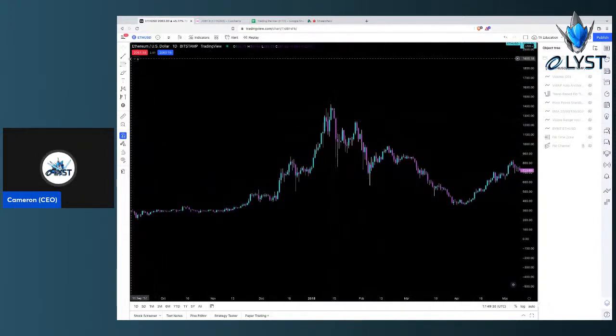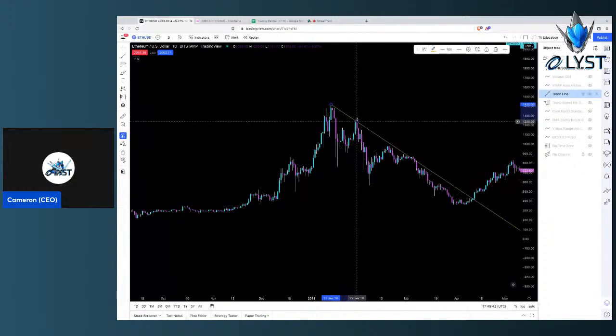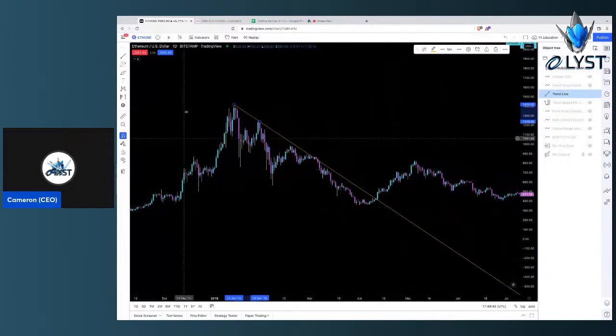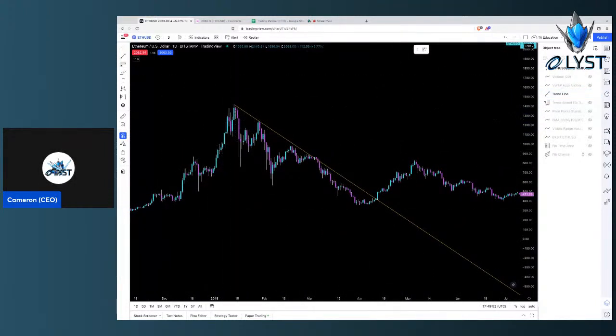But let's draw a trend line. Let's see how well the trend line held up, right? The trend line held up pretty well. And so you come down, there was consistent, let me switch to my arrow, touch, touch, touch, right?